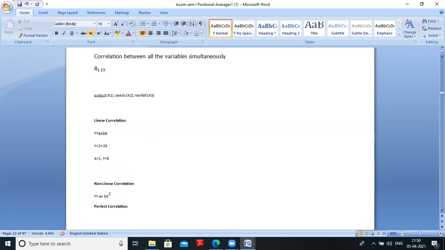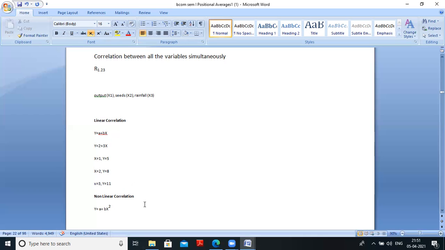If I take the value of x as 2, then y will be 8. If I take the value of x as 3, then y will be 11. There is a constant gap of 3.